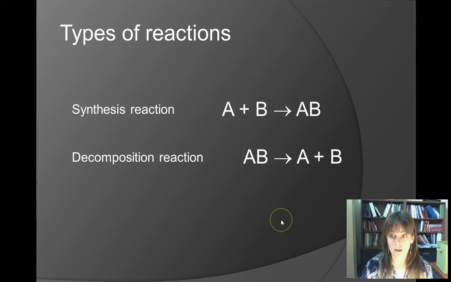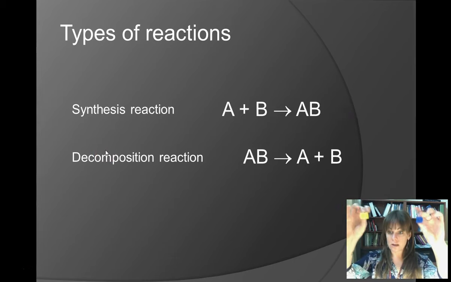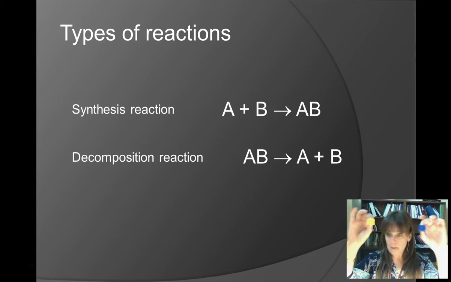Now we've already said that to get a cell, you have to take molecules and atoms and smush them together to build a cell. So how does our body take nutrients and use those to build a cell? Well, it does a synthesis reaction. These are the things we've absorbed. Alone, they may not be useful.